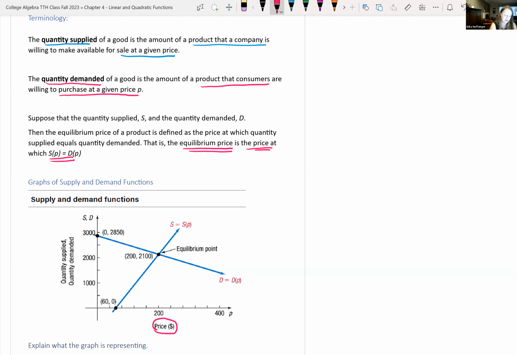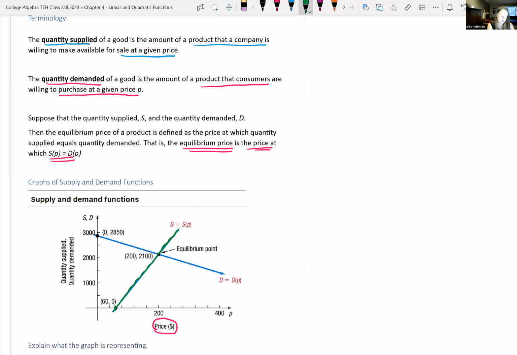Let's talk about what the S of P line is saying. Looking at it, where it touches the x-axis, in this case the p-axis, we have a point at 60, 0.